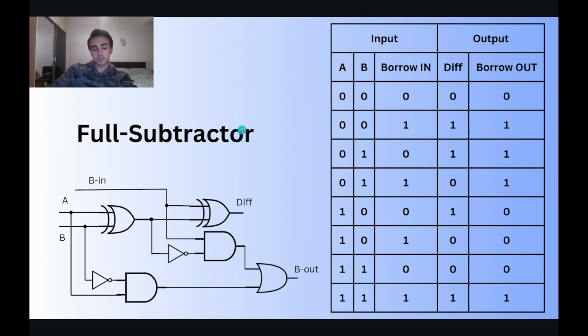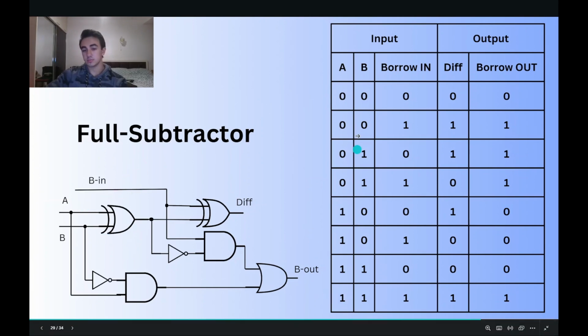And in a similar way, for full subtraction, I made the same mistake here. Please remember that the NOT gate should be applied to the input that is being subtracted from.